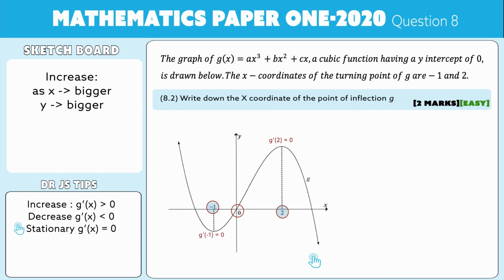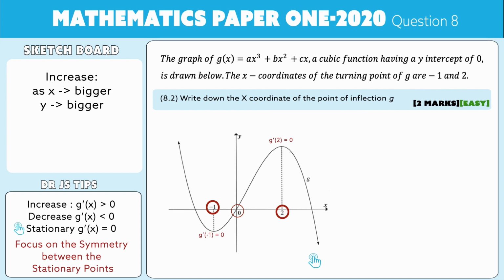So we have this x value and that x value. I'm going to write the tip here for you that you are going to focus on the symmetry between the SPs. SPs stand for stationary points. So you want to land up directly in the middle of those 2 stationary points.